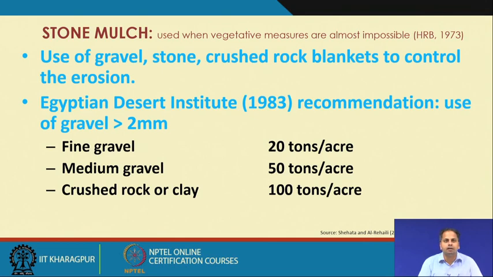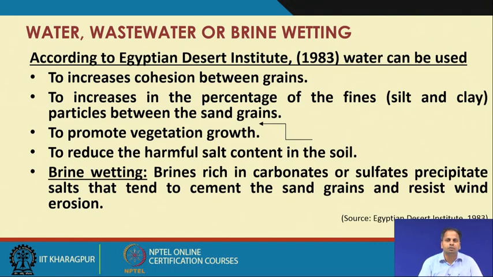Fine gravel at a quantity of around 20 tons per acre can be used, medium gravel around 50 tons per acre, and crushed rock or clay around 100 tons per acre. So this is stone mulch.